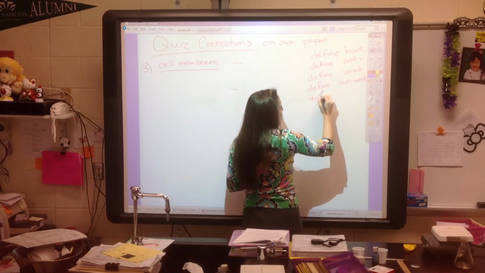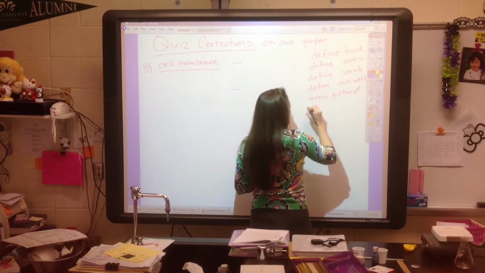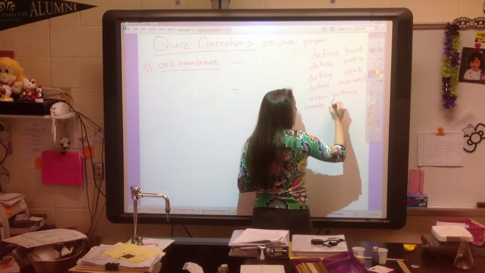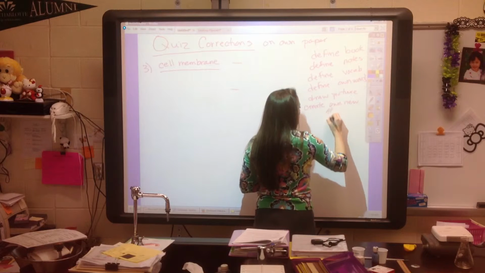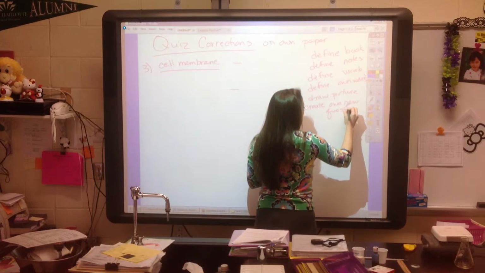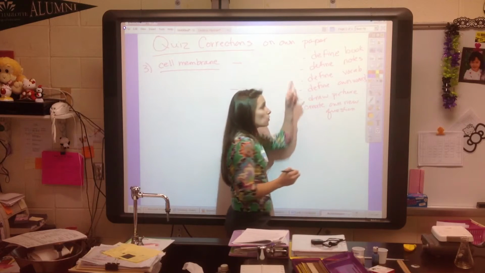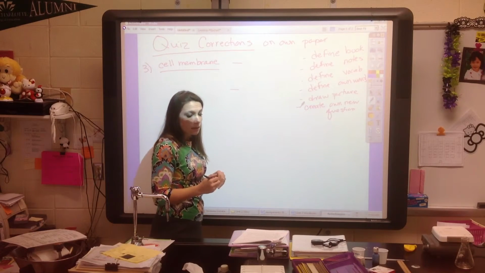You might draw a picture. You might create, which would of course be the highest level of Bloom's taxonomy, your own new question. And so you can pick any of these 2 things to do for each word that you miss.